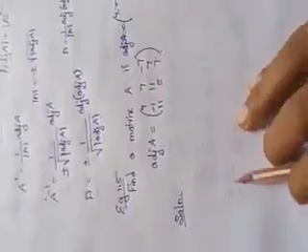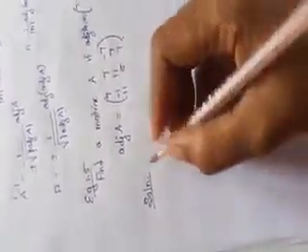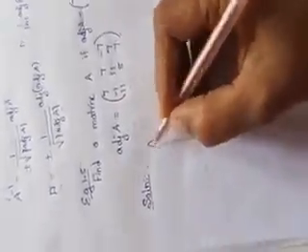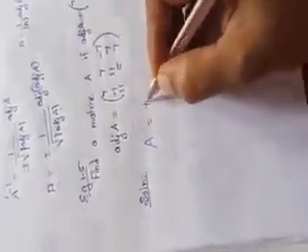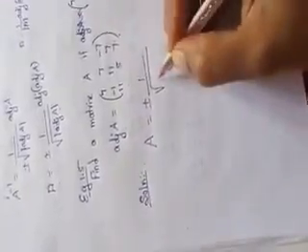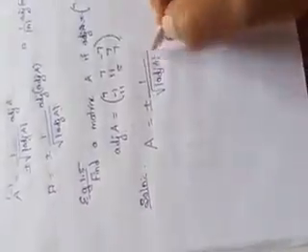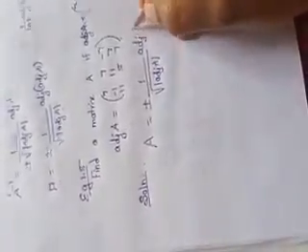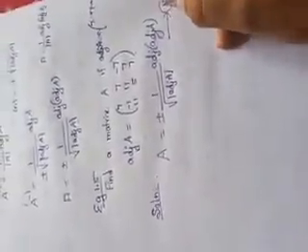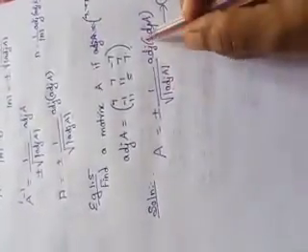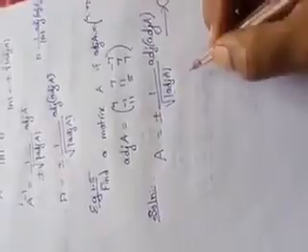Adj A is given and they have asked us to find matrix A. Usually if adj A is given, the formula is A is equal to plus or minus 1 by square root of determinant adj A into adj of adj A. We can keep it as equation number 1. What values do we need? Determinant of adj A, and the same way adj of adj A. One by one we will find it.